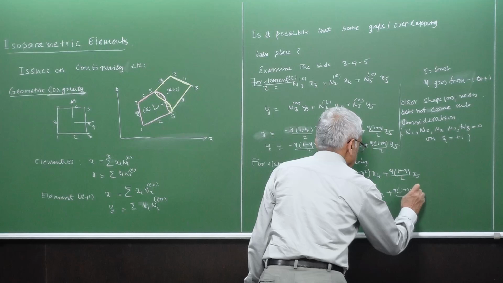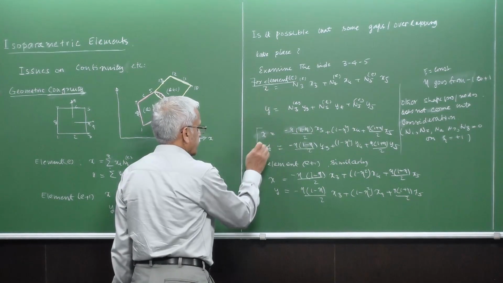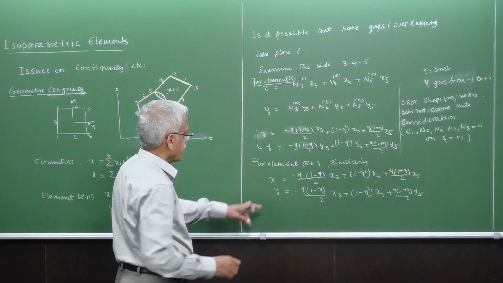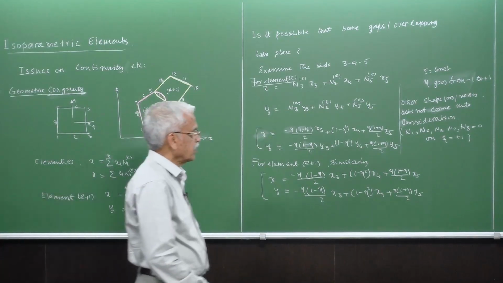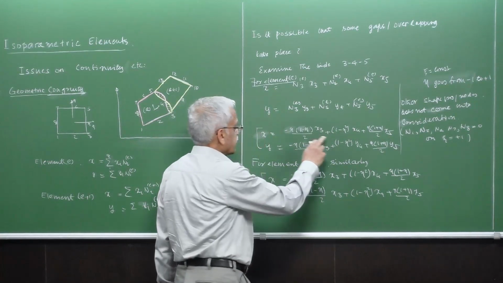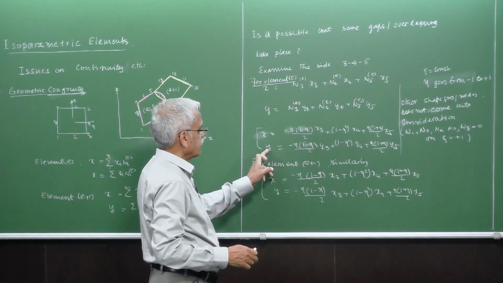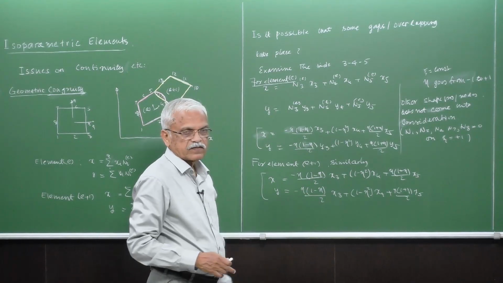So if you examine these two, for element E it is like this, and for element E plus 1 also you have identical expressions, which means that for whatever eta you put here, you find xy. A similar eta you put here, you get the same xy.